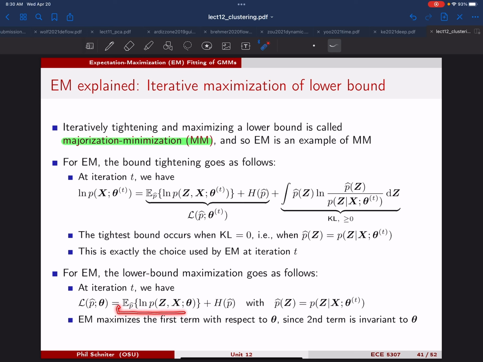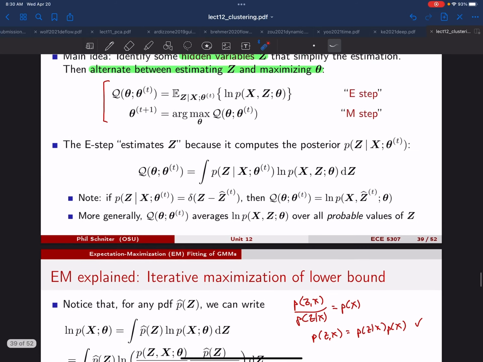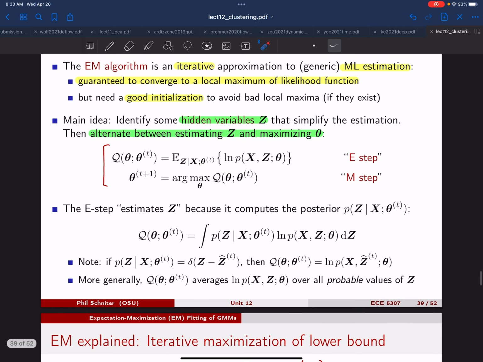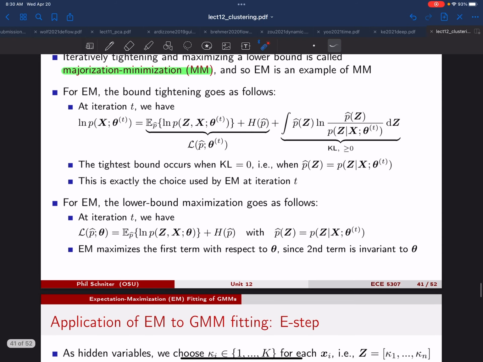So you have your lower bound, and you just maximize that over theta. So the lower bound looks like this. The second term has nothing to do with theta, so maximizing is really just maximizing this over theta. Okay, and that's exactly these two steps we saw first. So this is the quantity that we just said we're going to maximize over theta, this one.